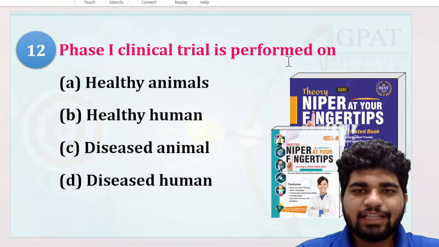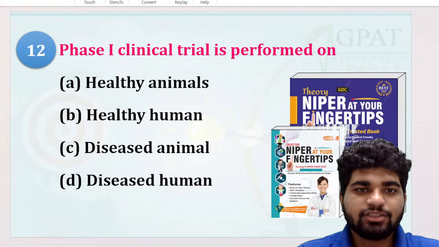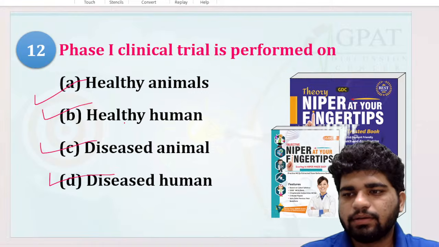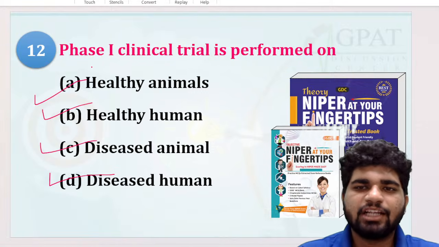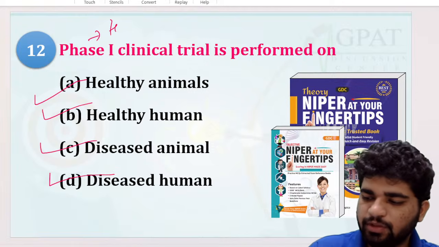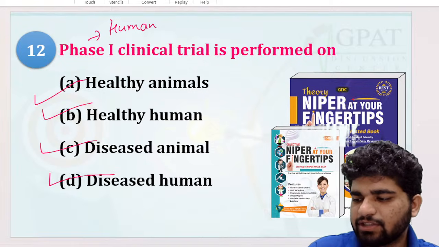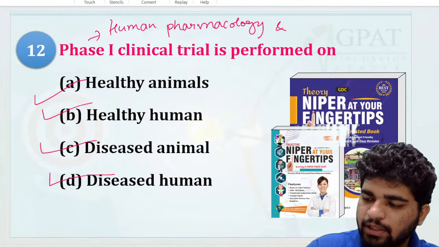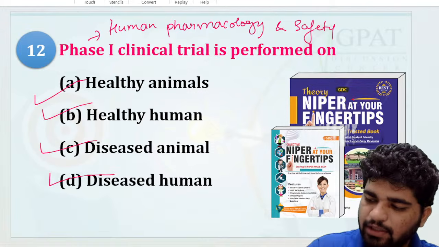Phase 1 clinical trial is performed on healthy animals, healthy humans, diseased animals, or diseased humans? Phase 1 clinical trial is also known as the human pharmacology and safety trial, right?